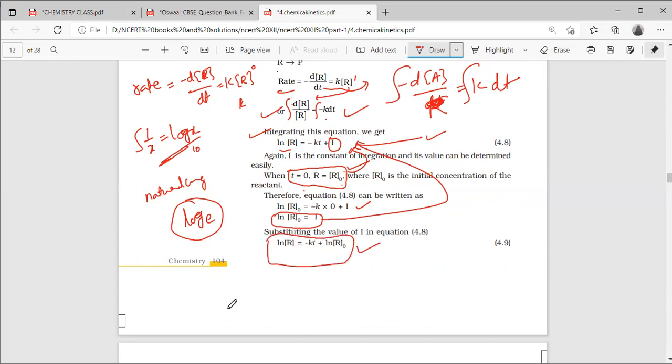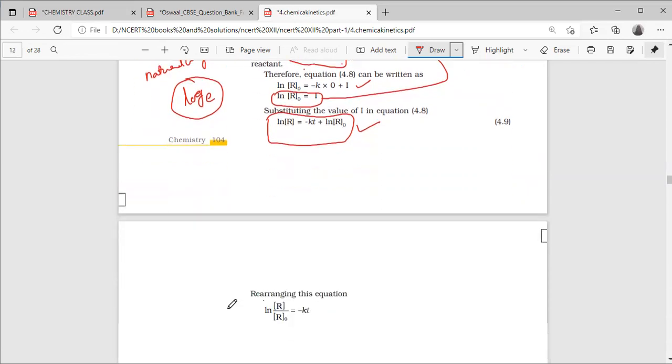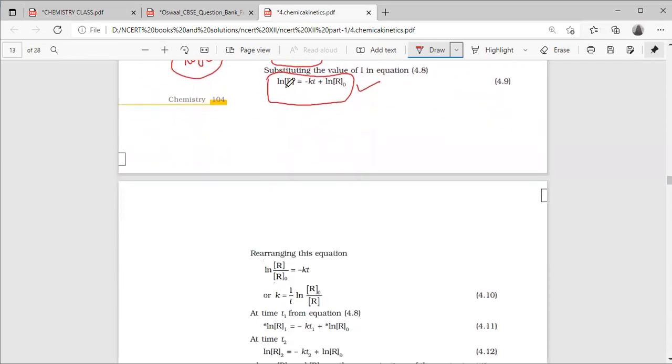After this, we need to write the formula. I can write it here: ln R minus ln R0 equal to minus kt.